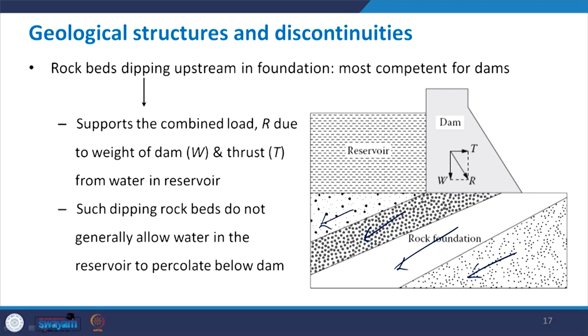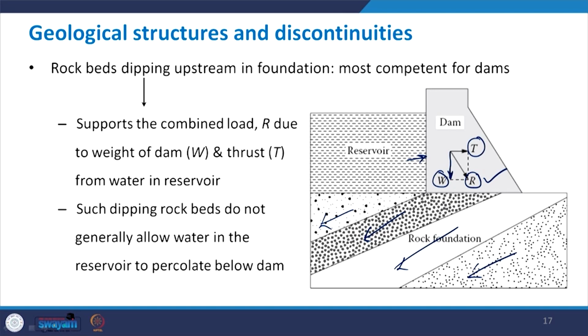This is the most competent for dams because it supports the combined load R, which is due to the weight of the dam, W, acting in the vertical direction, and the thrust T from the water in the reservoir. The resultant of T and W is given by R. So this rock bed has to support this combined load R.